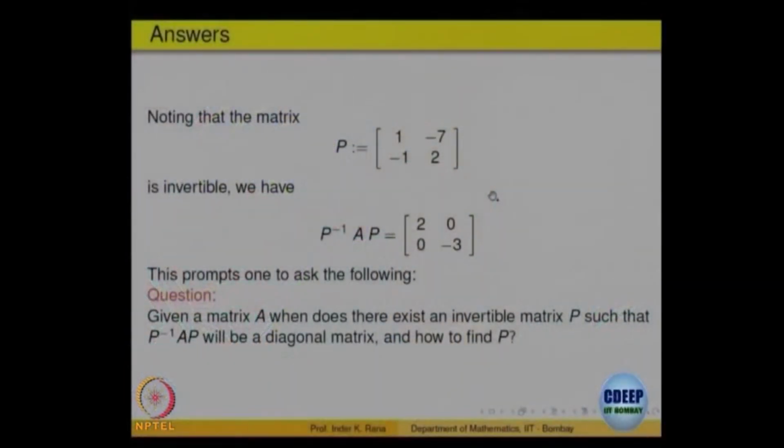For each one of them, I solved the homogeneous system and found a vector, 1 minus 1 and minus 7 and 2, such that the matrix formed by them is invertible, and as a result I got P inverse A P equal to a diagonal matrix. This is the process by which I am able to find the diagonal entries for that given matrix A, and the matrix P such that this property holds. Is that okay?